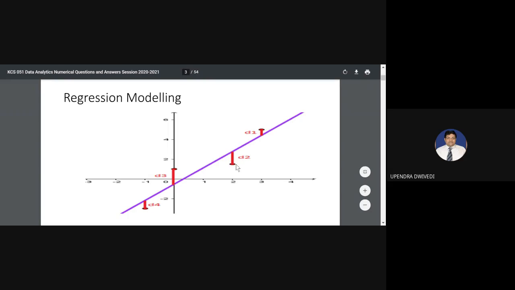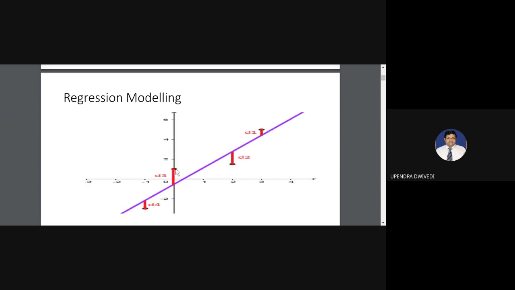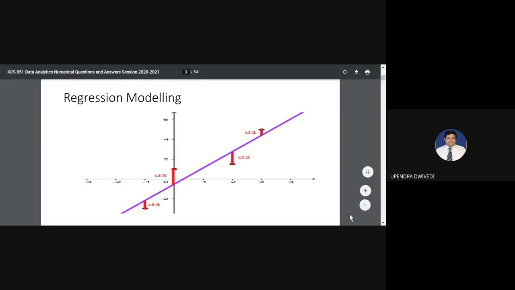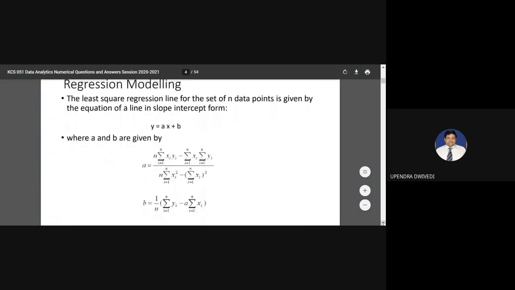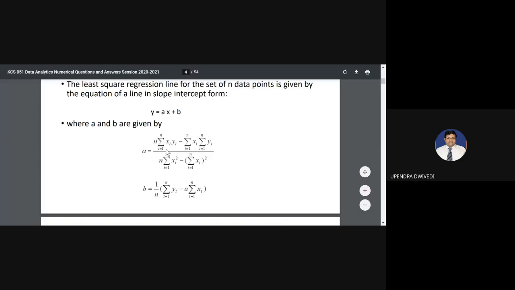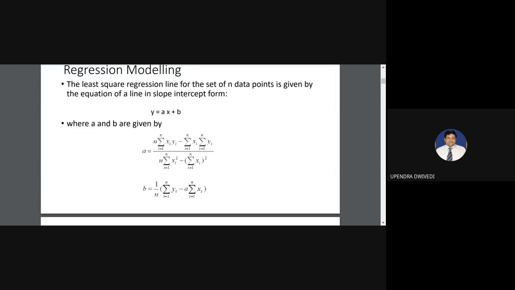Again, this is data point d2, so it will be represented by x2 and y2. Again, d3 will be represented by x3 and y3, and so on. So if there are four data points, they will all be represented by x1, x2, x3, x4 and y1, y2, y3 and y4. So each data point has a pair of x and y.